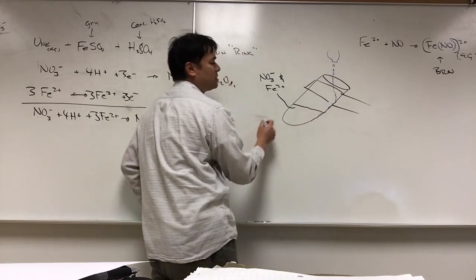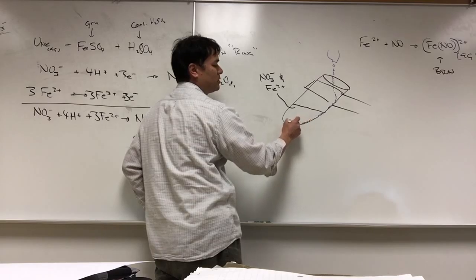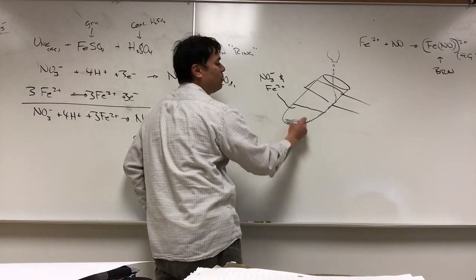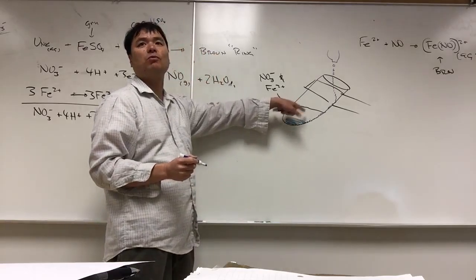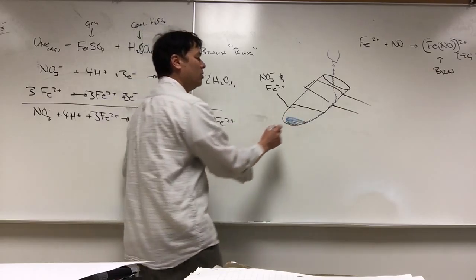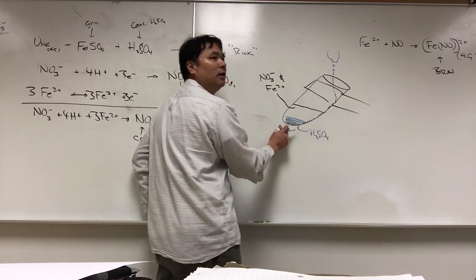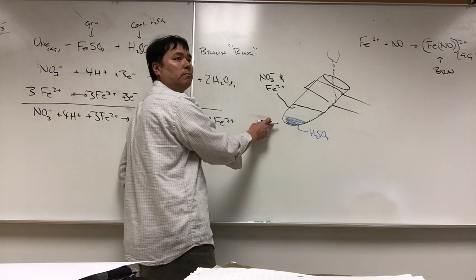And what's going to happen is the sulfuric acid doesn't mix initially, it just sinks to the bottom of the test tube. And that's exactly what we want to happen. We don't want the sulfuric acid to mix with the water as much as possible. We want to create two layers. We want to create a layer of concentrated sulfuric acid at the bottom of the test tube.